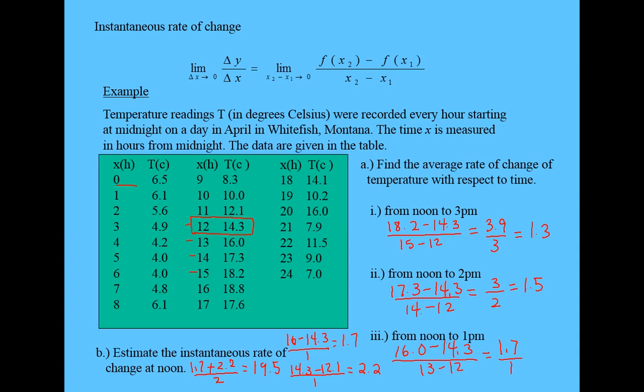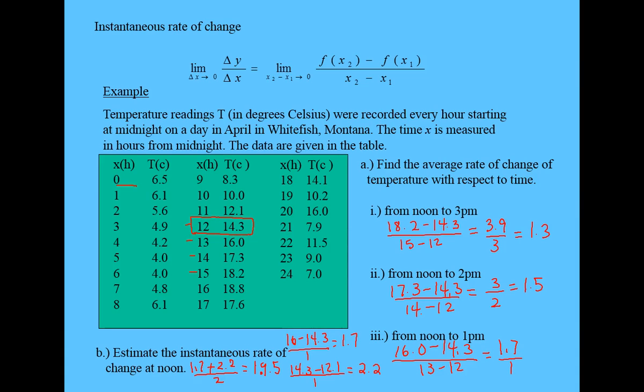So our estimate for the instantaneous rate of change at noon, if that is all correct, let me see, oops, I'm sorry, I put the decimal place in the wrong spot, 1.95.